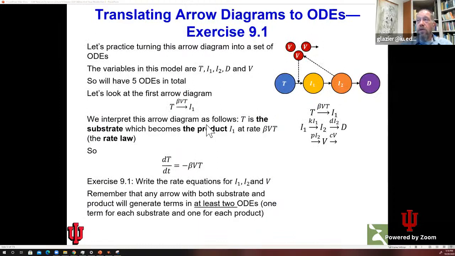Okay, so what I'd like to do now is come back to the arrow diagram that we worked on before, and I'd like to do a series of very simple exercises using things that we've already played with to build a little bit of familiarity with how to translate back and forth. And for people who've done this before, that's great.